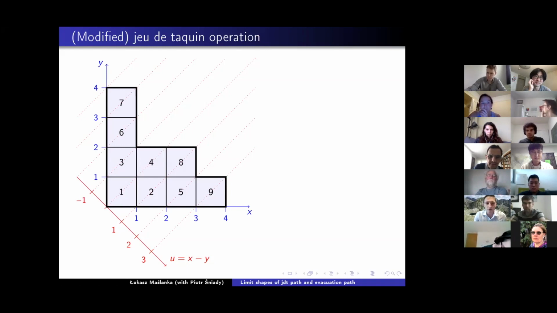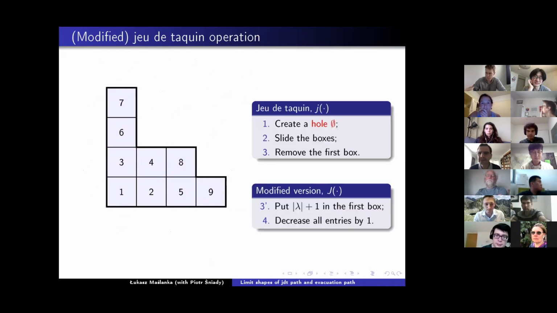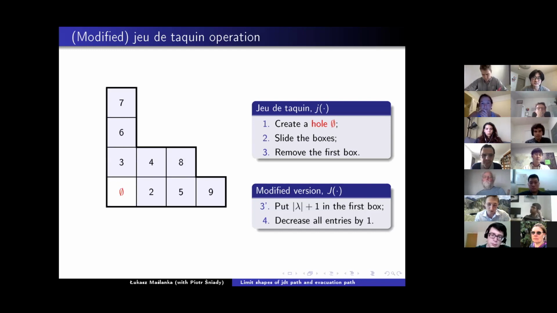We are going to use two operations. In fact, the first one is the classic taquin operation, which is defined in the following way. We create a hole in the left bottom corner of the tableau, and then slide the box to the right or above the hole towards the hole, which has the smaller entry.